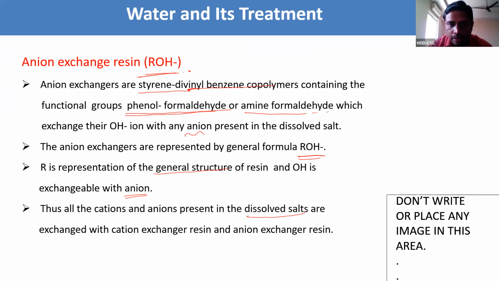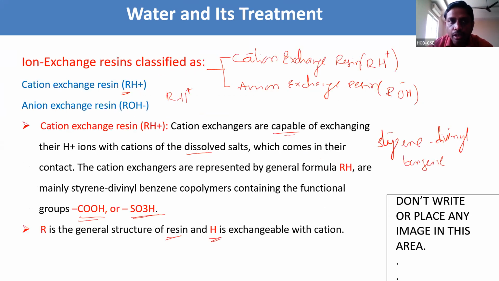Here R is the general structure of the resin and OH is the exchangeable anion. Cations and anions present in the dissolved salts are exchanged with the cation exchange resin and anion exchange resin.